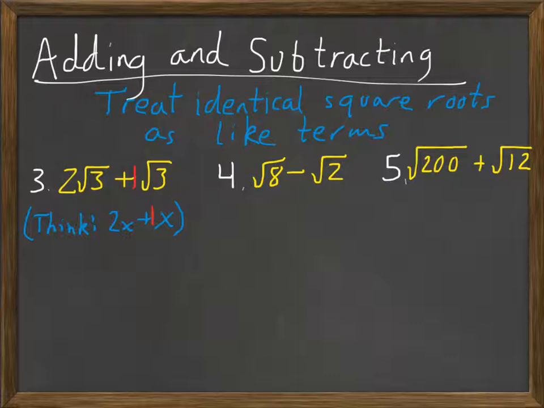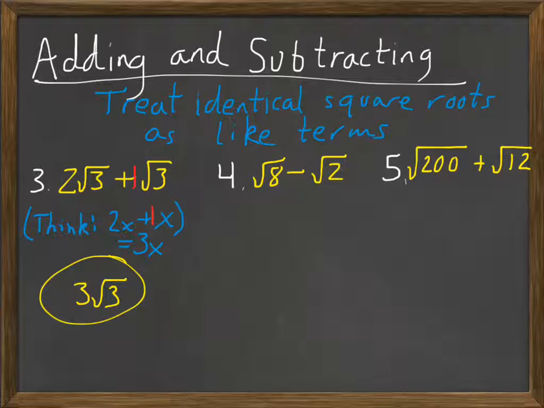So it's like 2x plus 1x. Well, in that case, that would be 3x. So just like 2x plus 1x gives me 3x, 2 square root of 3 plus 1 square root of 3 gives me 3 square roots of 3. Does that make sense?